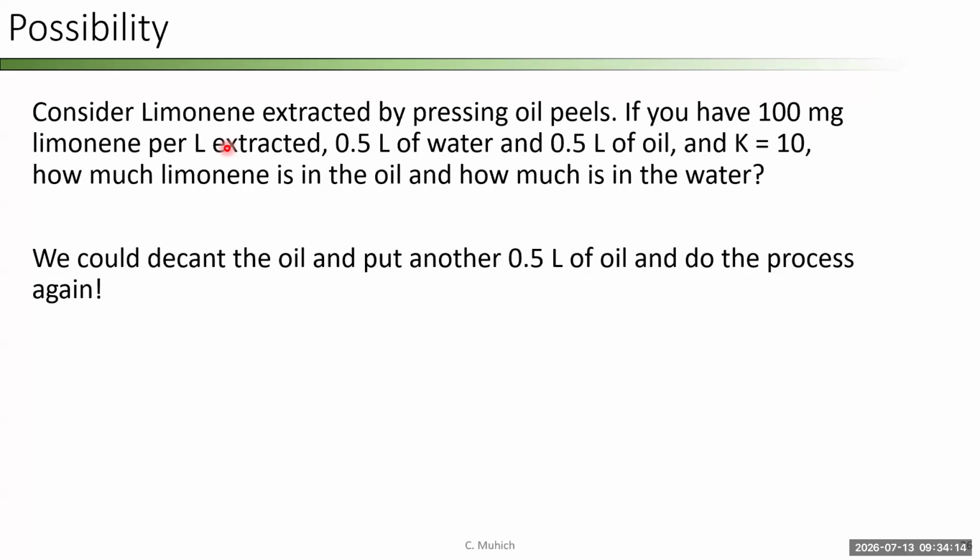We could separate the oil and the water, because they're different phases. You can carefully siphon off or decant the oil that's containing the limonene that we want and add another half liter of oil and mix, allow it to go to equilibrium again.